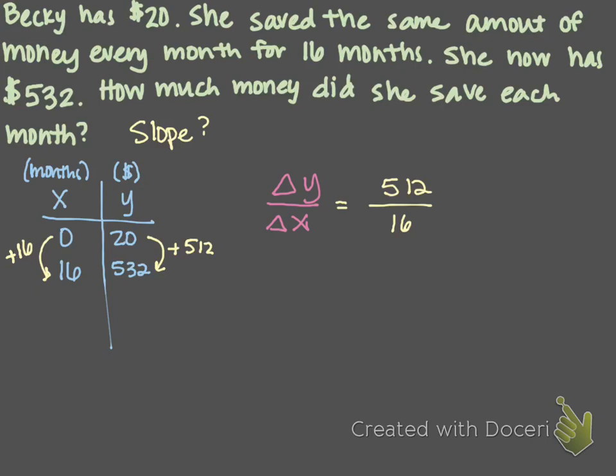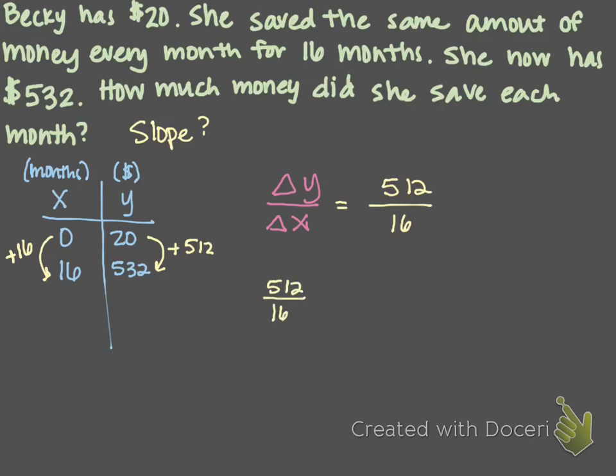Now we want to figure out, can we reduce, simplify, or just straight up divide 512 divided by 16? If you have a calculator, you can go ahead and use that. Otherwise, we can use our method of reducing. We notice that both of those numbers are even, so we can divide both of those numbers by 2.